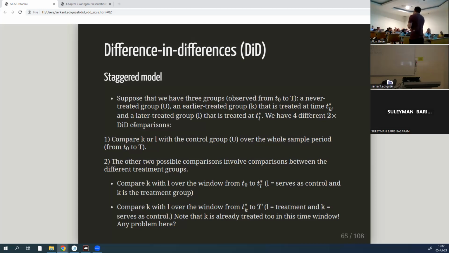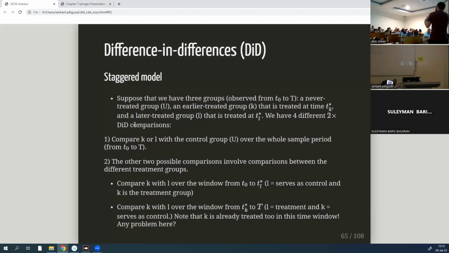But some comparisons are taking the early treated group, which is K, as the control, while L is the treatment. But the problem is K is already treated. So you are taking a treated group as a control group, which you cannot do. So that's the problem in two-way fixed effects.